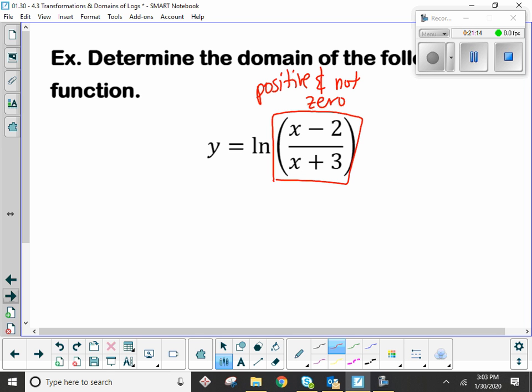So there's two things going on here that we have to talk about with the fraction. The numerator cannot be 0 because it makes the whole thing 0, which we're avoiding. So the top can't be 0 because it makes it equal to 0.